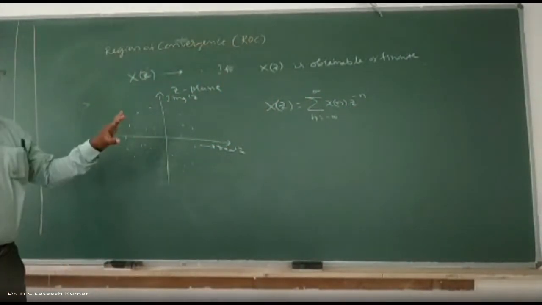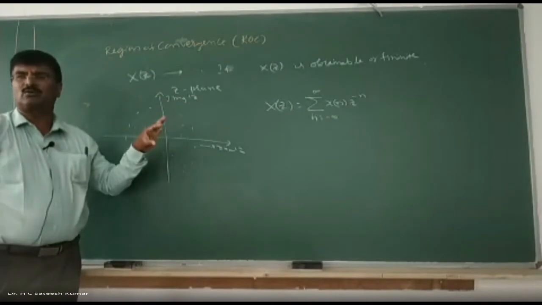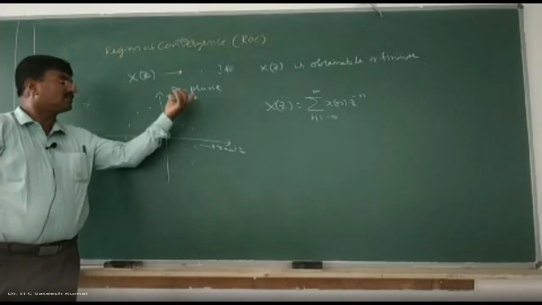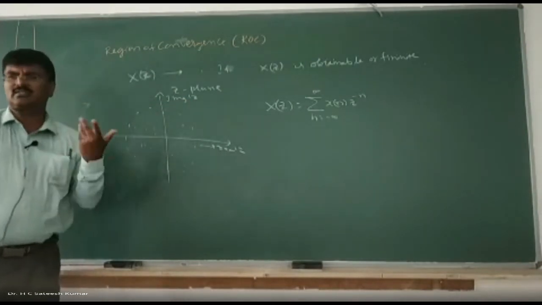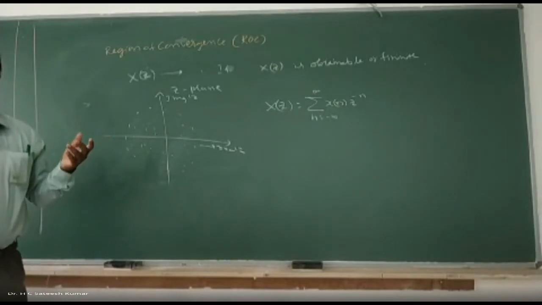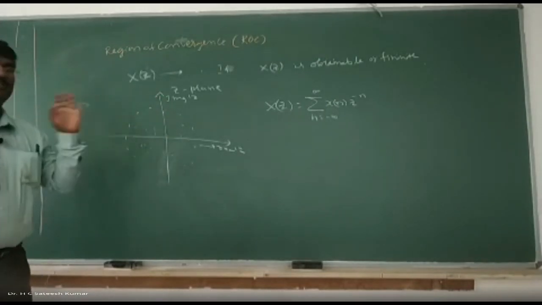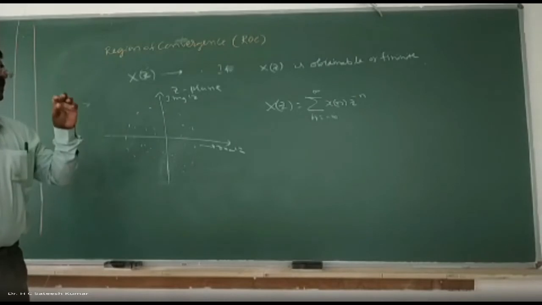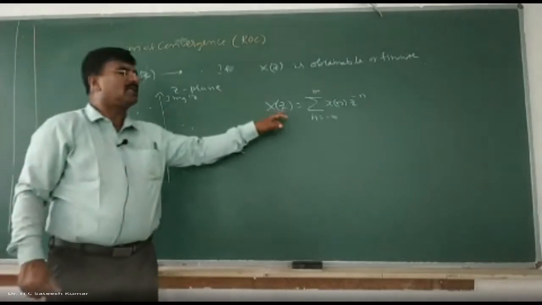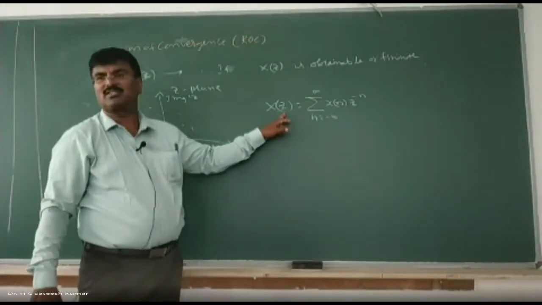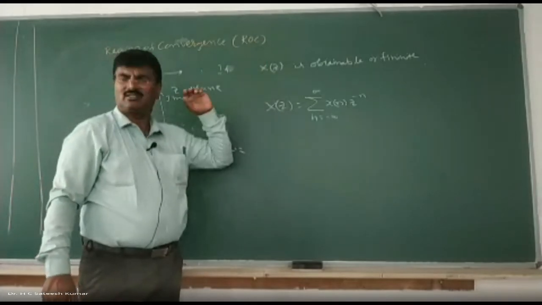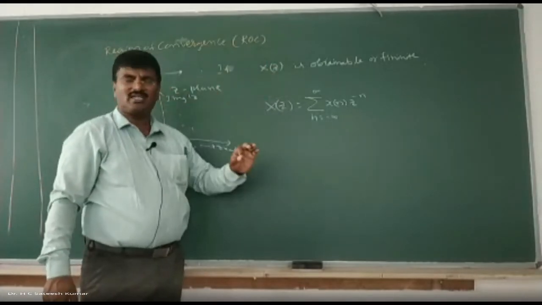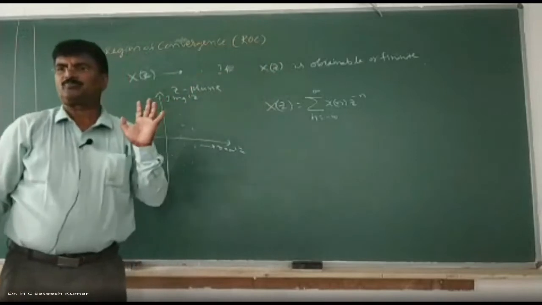The z plane contains different values of z. For certain values of z, x of z is finite. For other values, it doesn't exist at all, that is, it is infinite. So the region specified in the z plane for which x of z is obtainable or finite is known as region of convergence. What do you mean by convergence? X of z is said to be convergent if it is obtainable or finite.